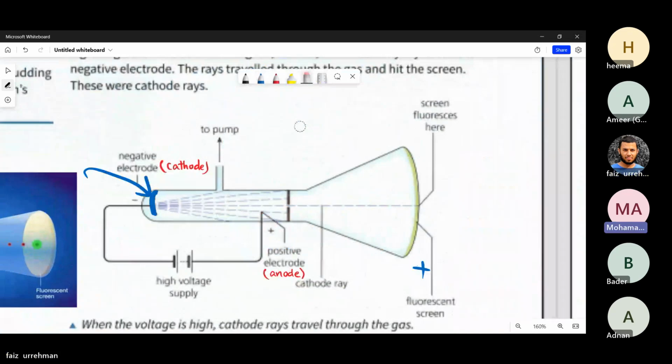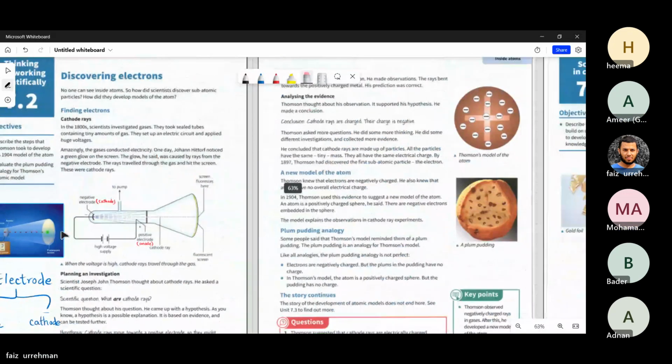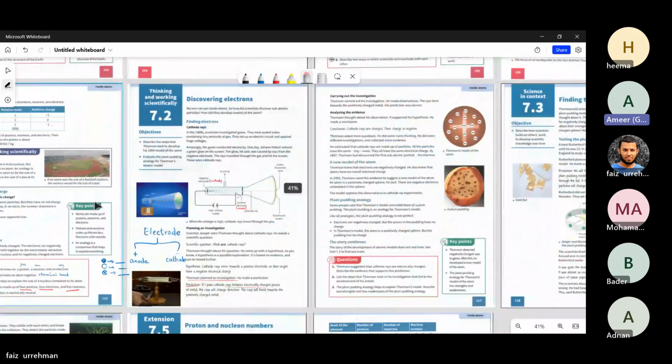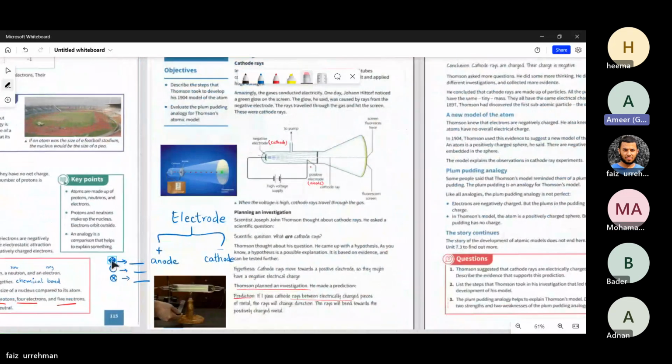Okay, I want to ask a question. If the high voltage supply is forming a positive electrode instead of a negative electrode, and from the other side there is also a positive electrode, nothing will happen, right?